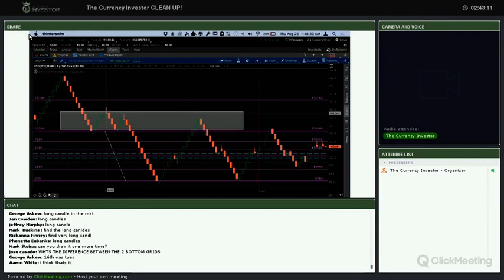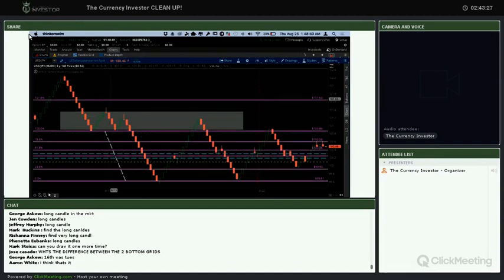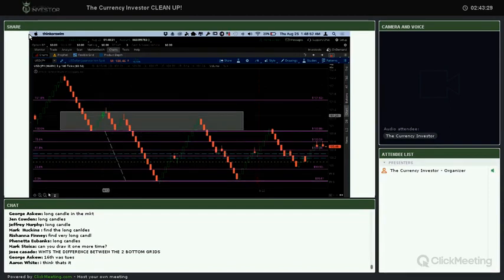So this was when the sale started happening. So you see, like right here, guys, you see this level, this would be a support level broken.